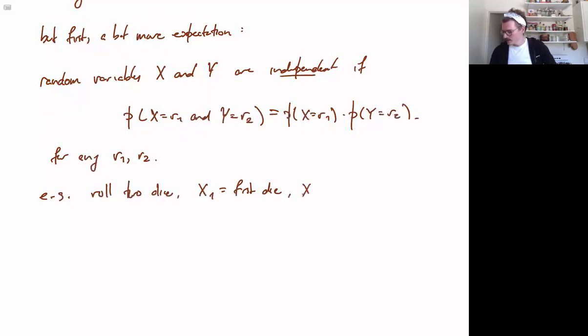And X2 will be the second die. So it will be the same distribution, but these will be independent random variables. So then let's say Y equals X1 plus X2 is the sum of the 2 dice.